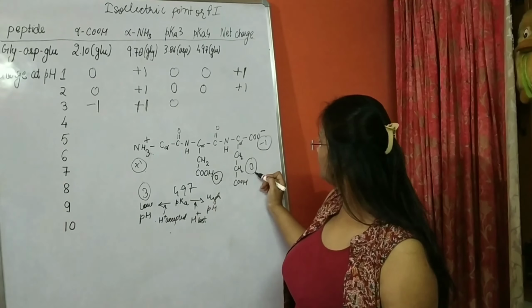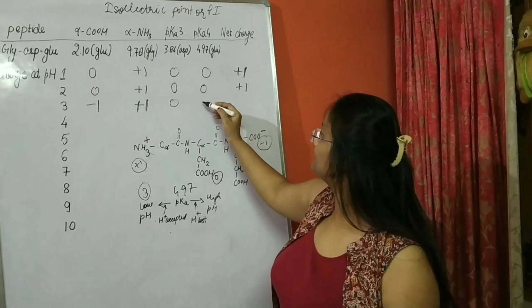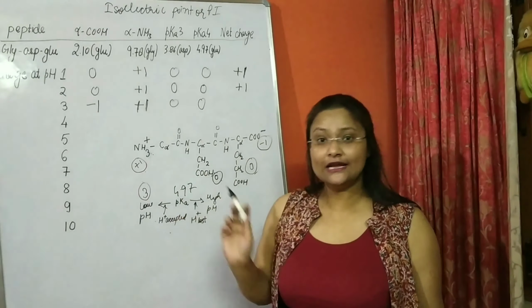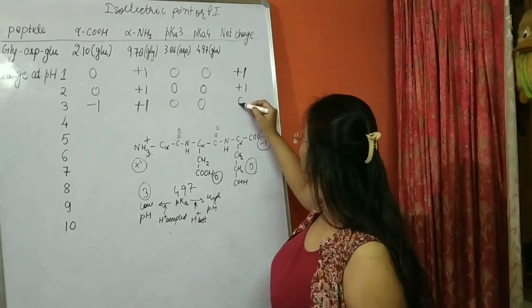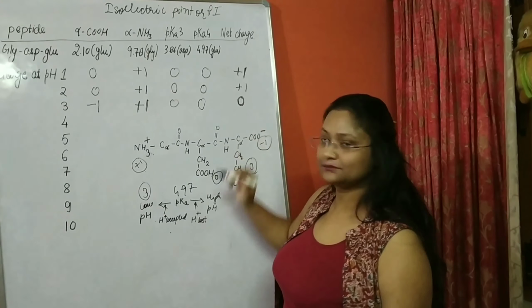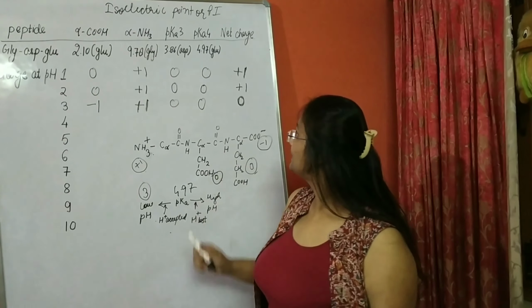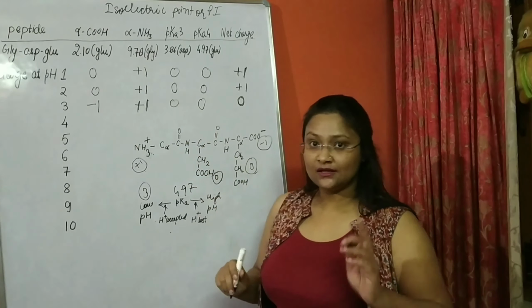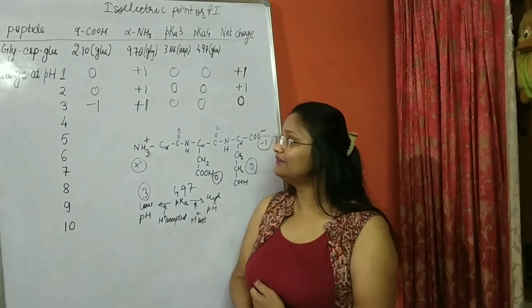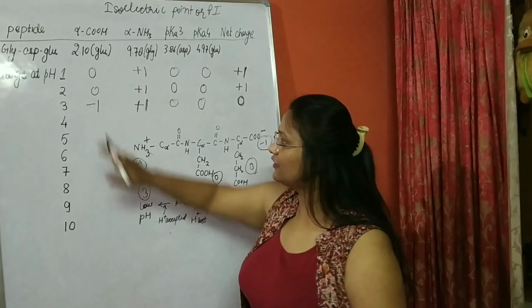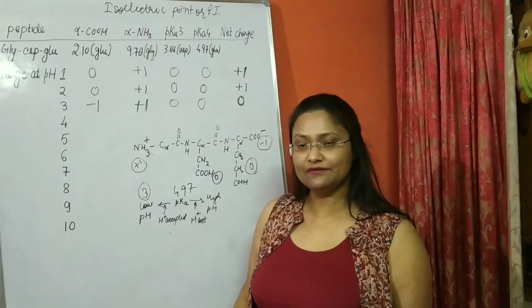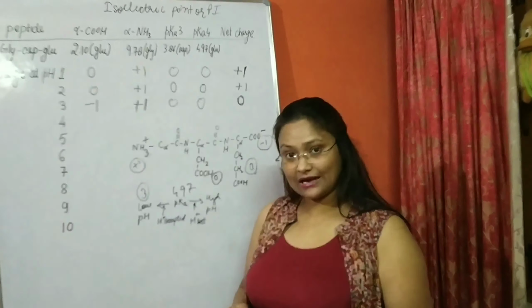So that means here now the net charge is 0. So this is the pH I told you earlier we will find out. Let us first find out for all other pH. Then we will discuss how exactly we will proceed.